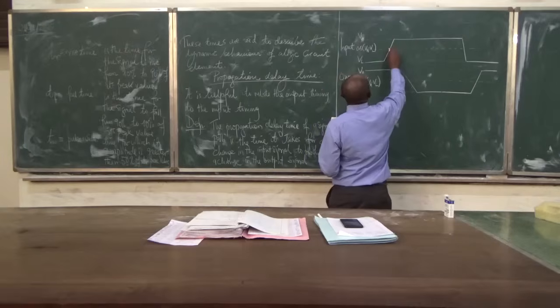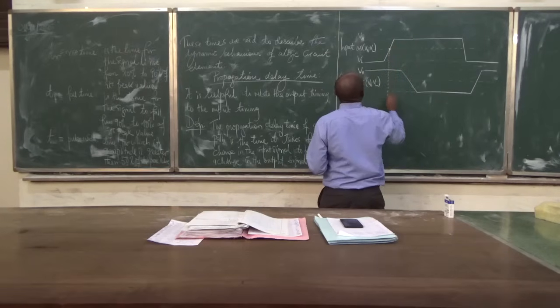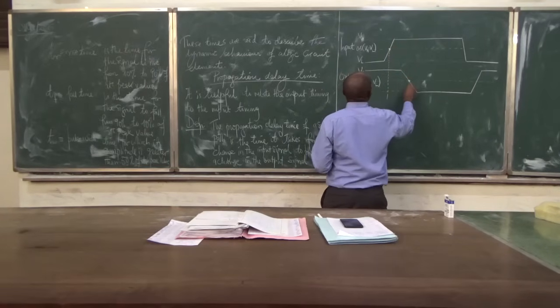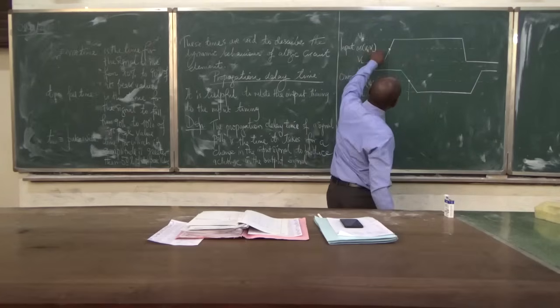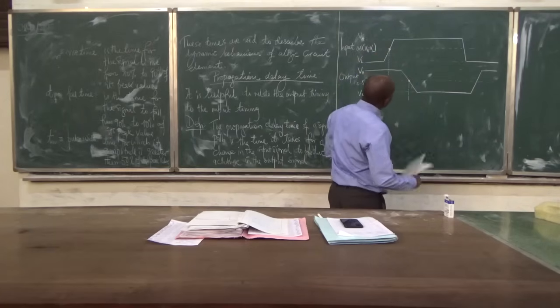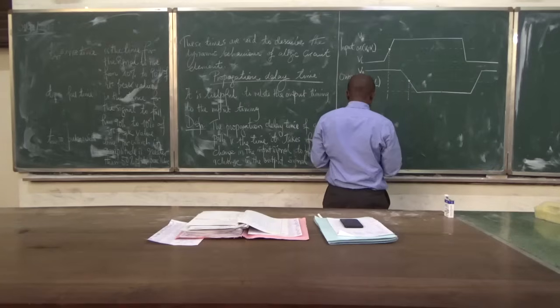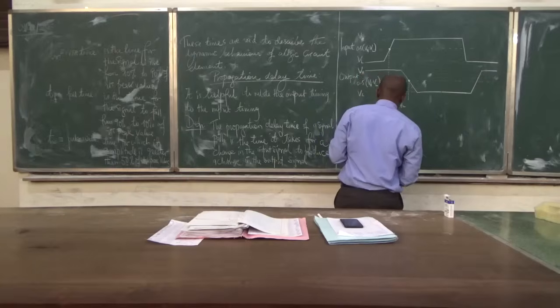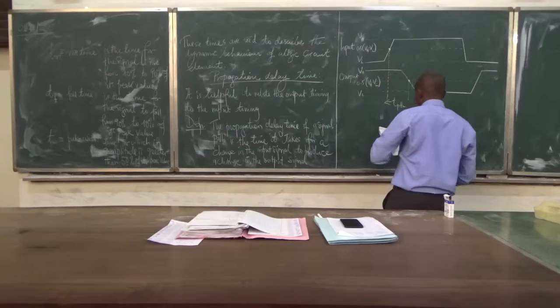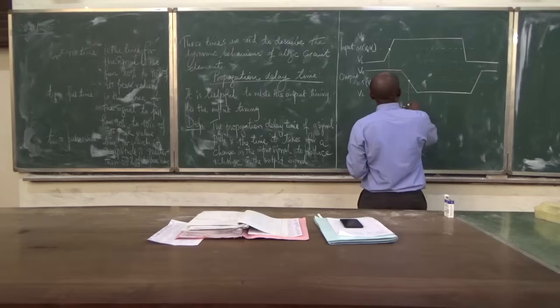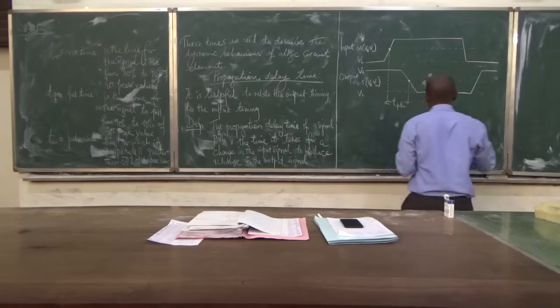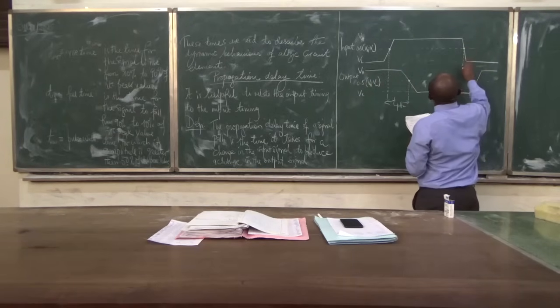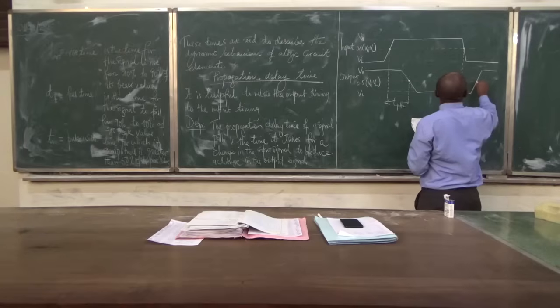So the time between the 50% of the input to the 50% of the output is TPHL. This is TPLH.